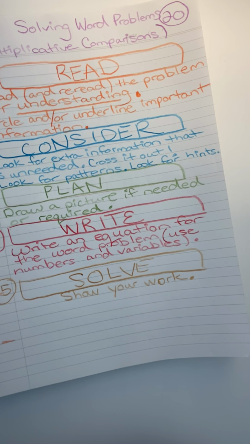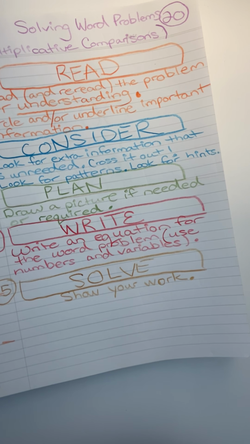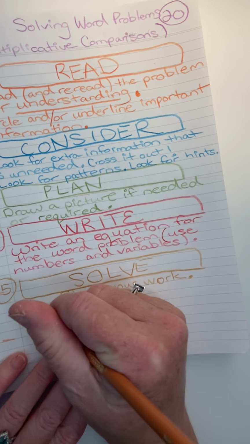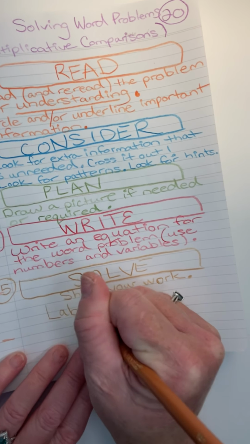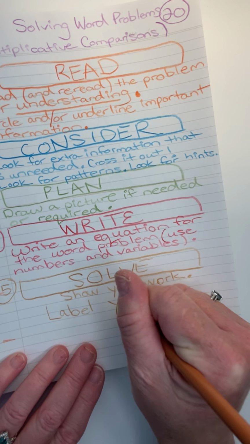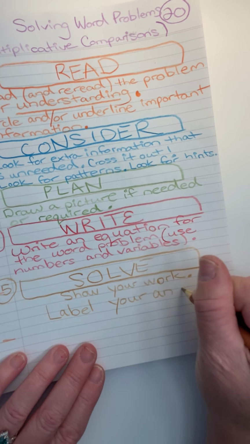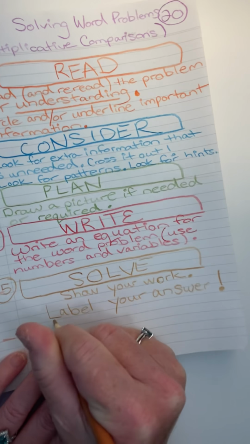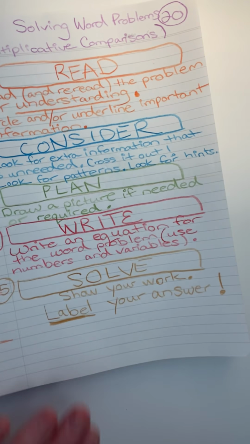Sometimes you can make a small error along the way, but showing your work shows that you understand the process, and that way you can still get some credit for the problem, even though the final answer may have a small error in it. When you solve the problem, you are also going to label your answer. That is very important. It is not correct if you don't have the label.